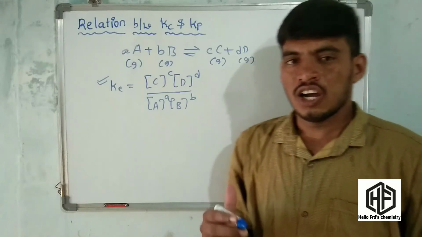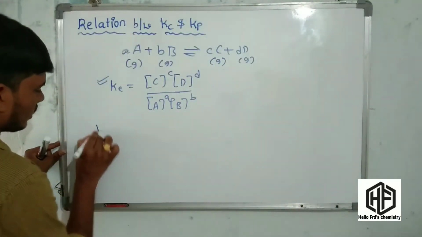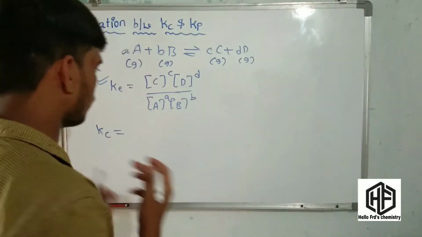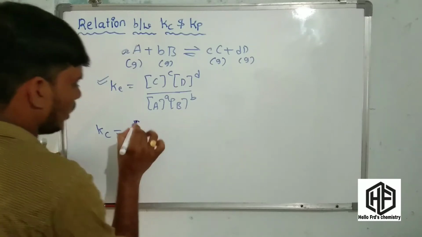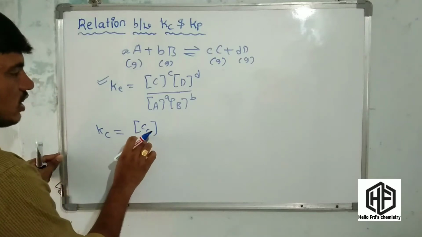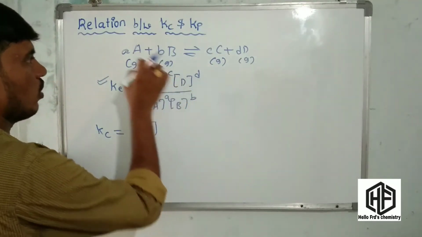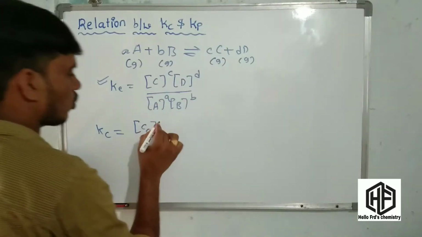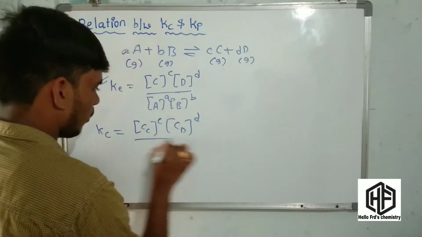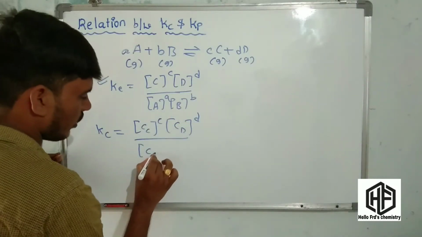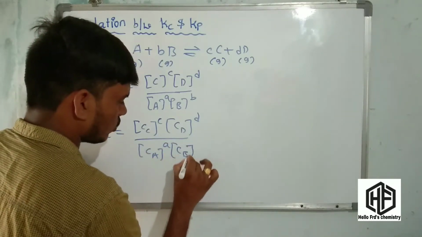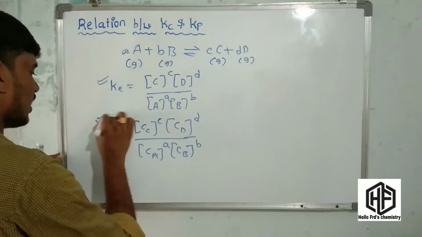Now you know what Kc is. Kc is the concentration term, meaning the concentration of the active mass. It is the concentration of C raised to the power of its stoichiometric coefficient c, times the concentration of D raised to the power d, divided by the concentration of A raised to the power a and the concentration of B raised to the power b.